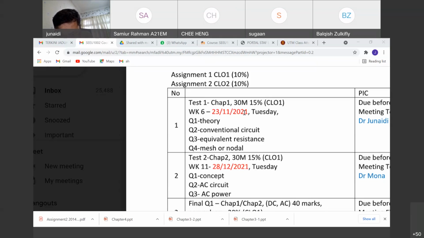November 23 and December 28, test 1 and test 2. Ingat tarikh ni, jangan cakap clash, tak sepatutnya clash. Kalau clash, ask your lecturer to change the date, sebab saya dah cop awal-awal dah.